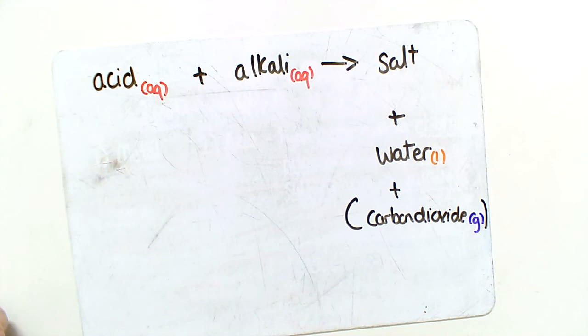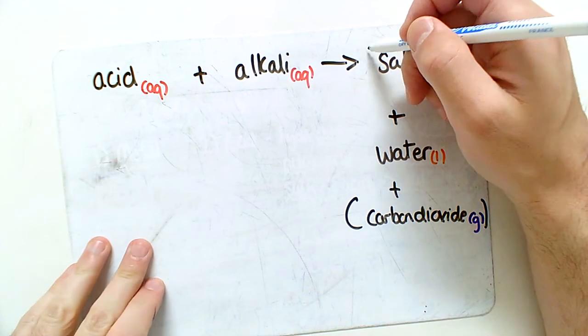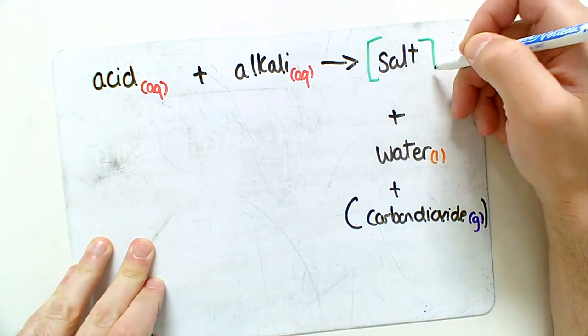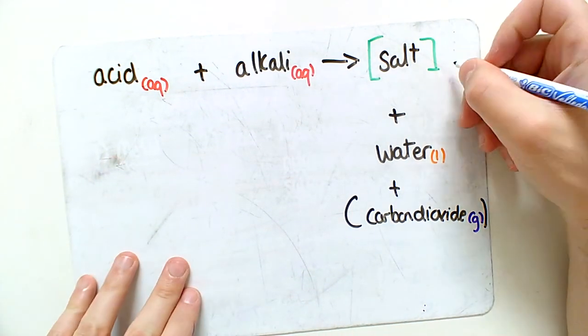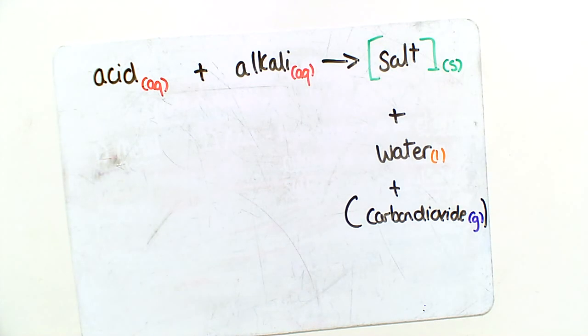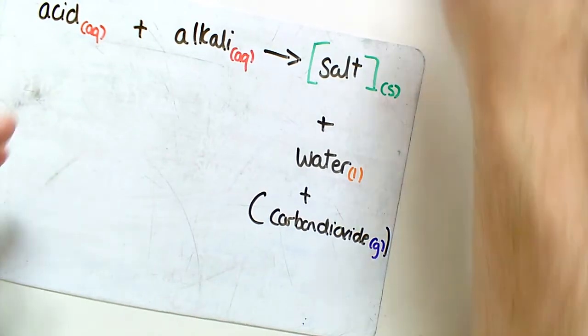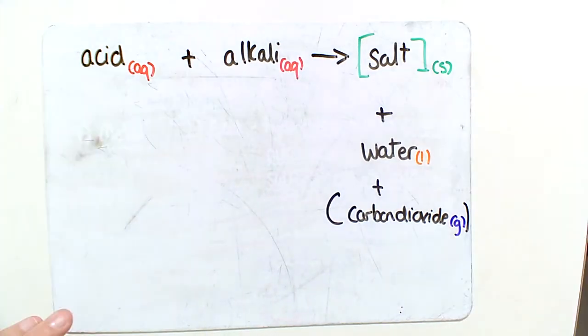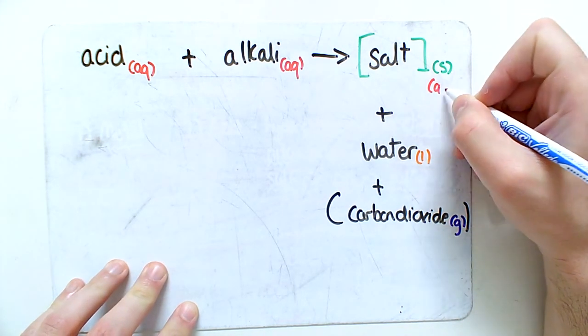So what's going to determine if we've got an insoluble product is this one here. The salt will sometimes be a solid and sometimes it'll be aqueous.